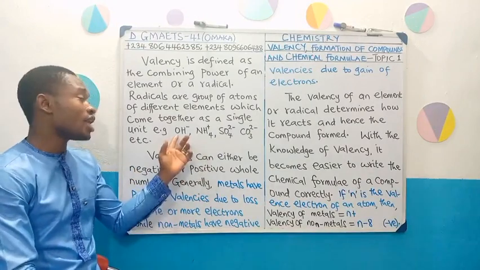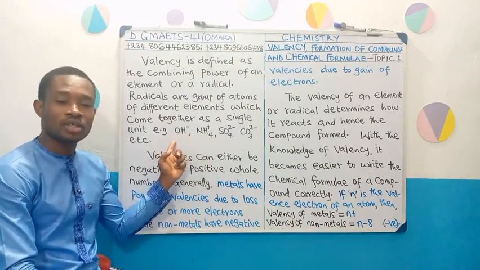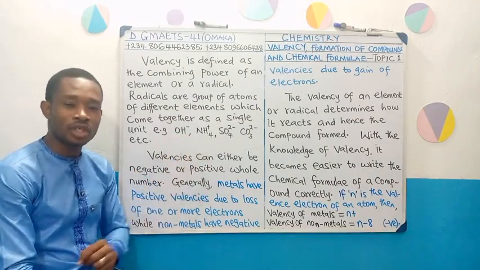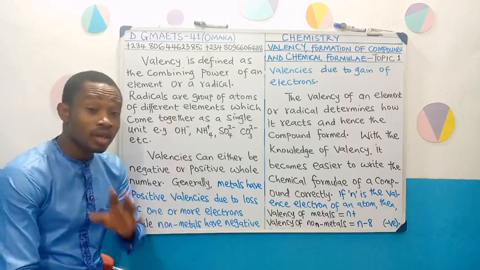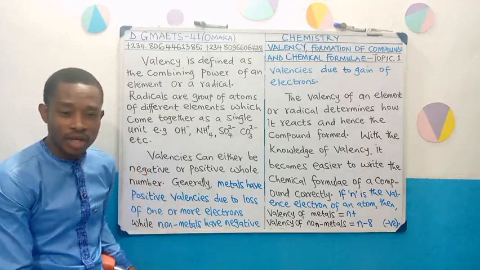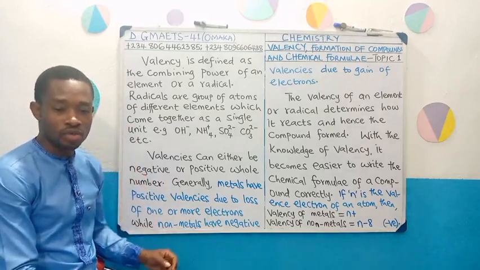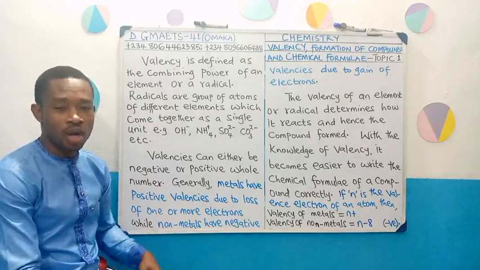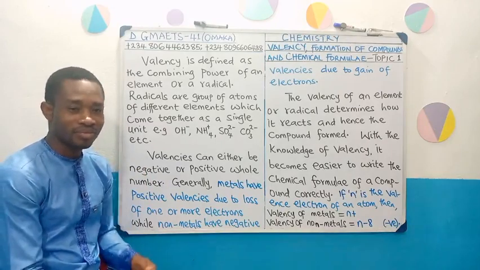For example, in this hydroxide ion, you have oxygen and you have hydrogen, which are atoms of different elements. But they come together to form a single unit with an ionic charge that we refer to as radicals.